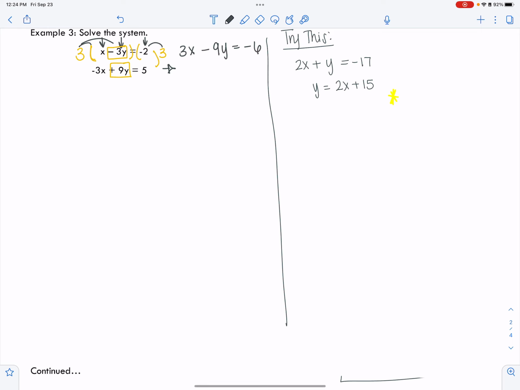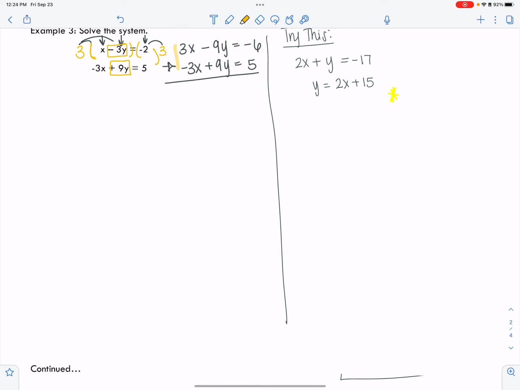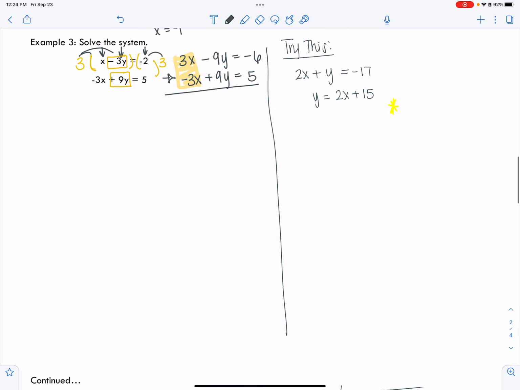Carry everything down. Okay. I'm going to add down the columns. So 3x plus negative 3x is going to cancel. Next one, negative 9y plus 9y.